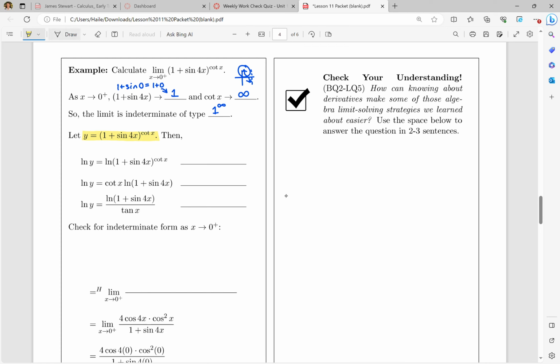So the first thing we're going to do is take the natural log of both sides. And what this allows us to do is bring cotangent of x to the front.